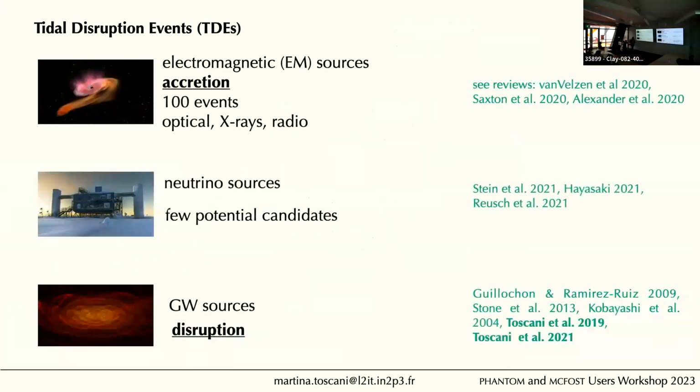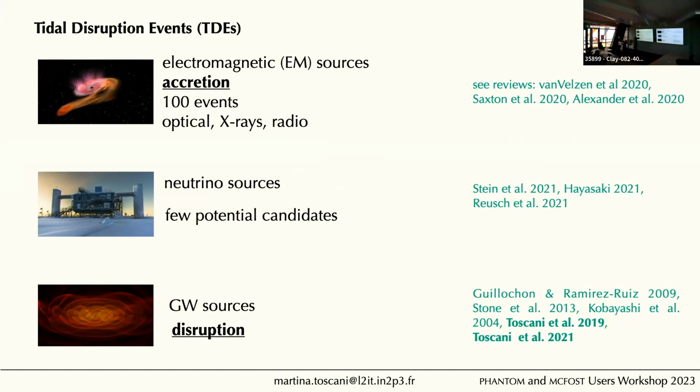So, why are tidal disruption events interesting? Well, because they are multi-messenger emitters. As a matter of fact, they emit electromagnetic radiation. And we know this for sure because it's the only way so far we have really detected tidal disruption events. In particular, this electromagnetic radiation is produced during the circularization phase, where the stellar debris starts to accrete onto the black hole.